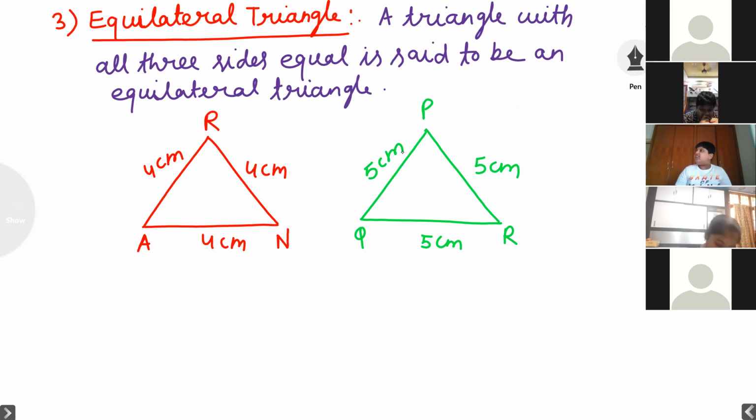In a given triangle, if all the three sides are equal, that is called an equilateral triangle. If two sides are equal, isosceles triangle. If all the three sides are different, that is called a scalene triangle.